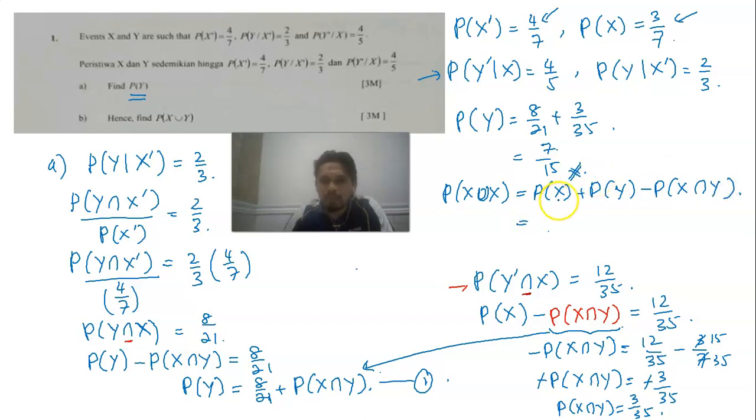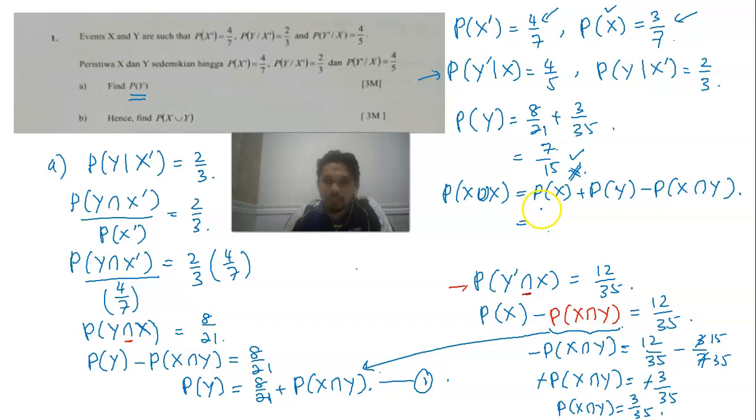So do we have all these probabilities of x, y, and x intersect y? Let's find it together. Probability of x, we have this. Probability of y, we got it just now. And probability of x intersect y is 3 over 35.